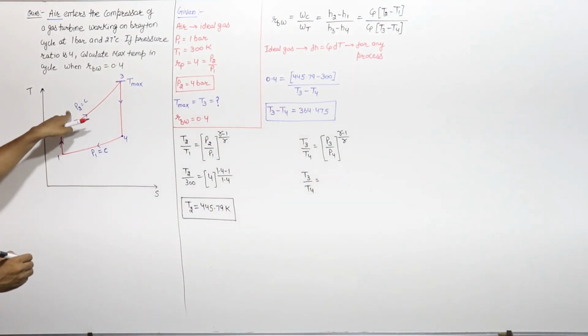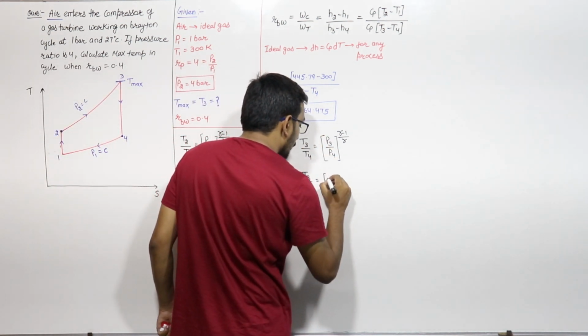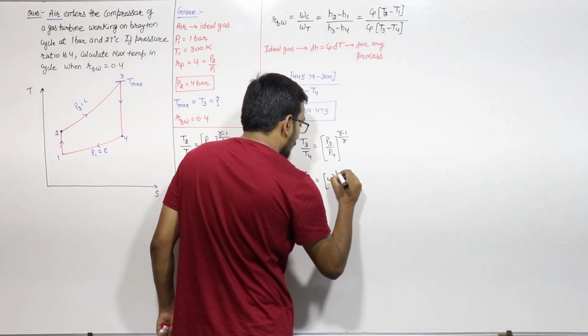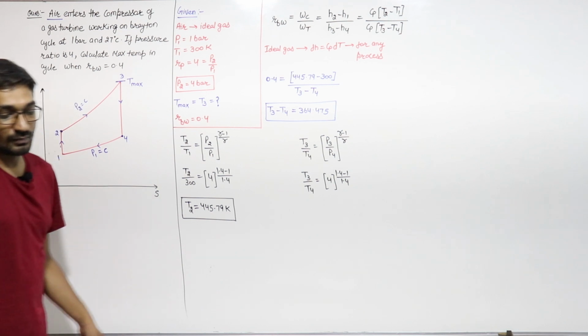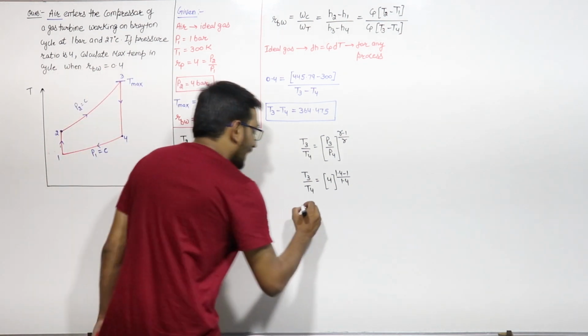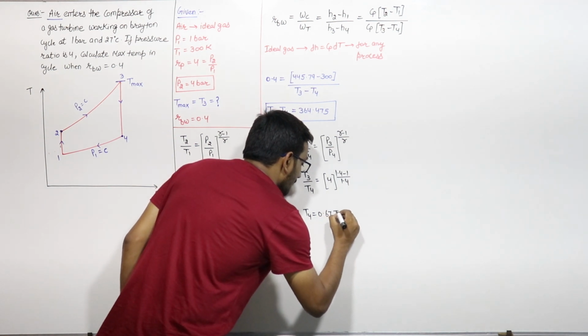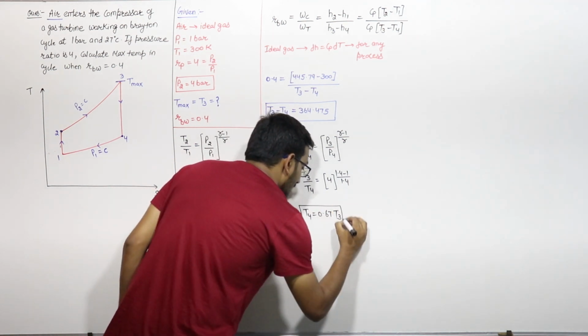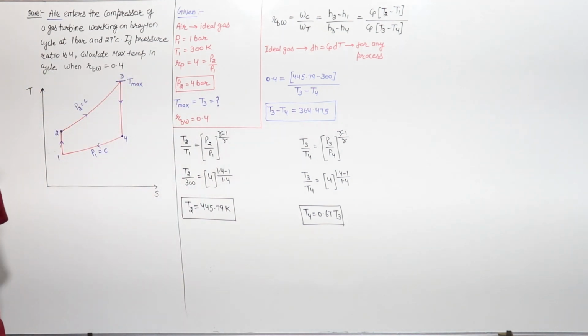P3 is equal to P2, P4 is equal to P1, this is P2 by P1, equal to 4 raised to power 1.4 minus 1 divided by 1.4. From here you will get that T4 will be equal to 0.67 of T3.